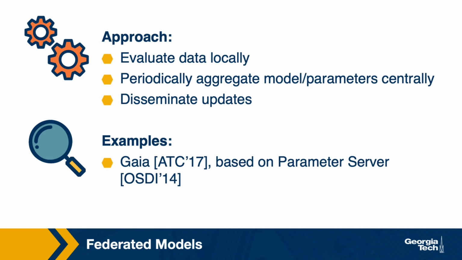Gaia built on a popular distributed machine learning solution, which was designed primarily for data centers, called Parameter Server. This was published at OSDI in 2014. Similar goals as Gaia are part of the federated distributed learning model published by Google, which today is one of the most popular distributed machine learning models.